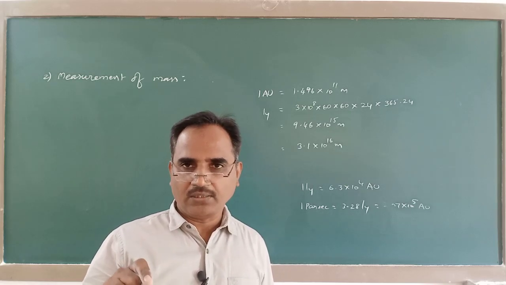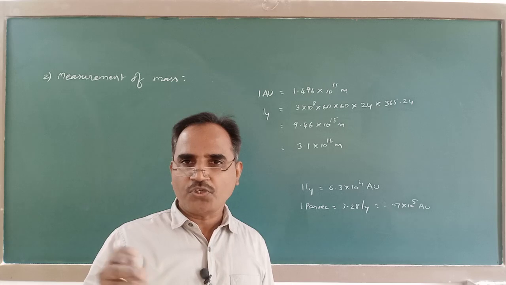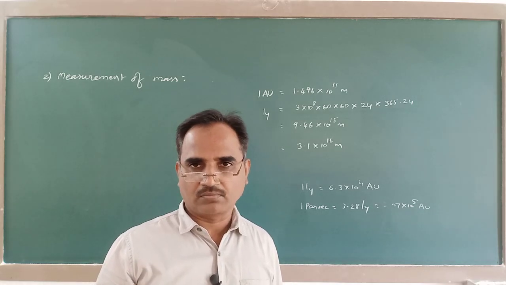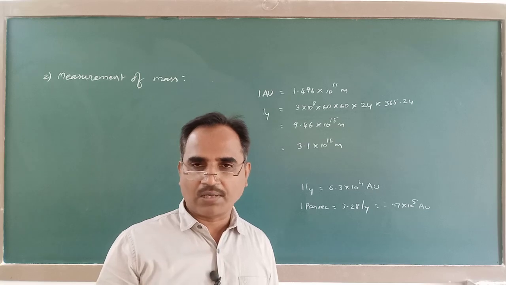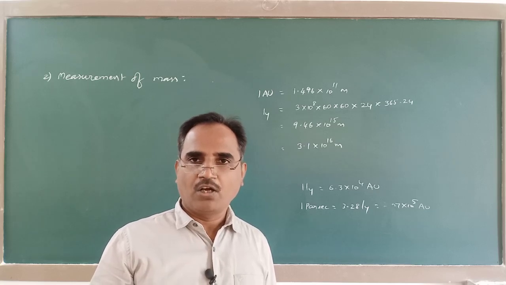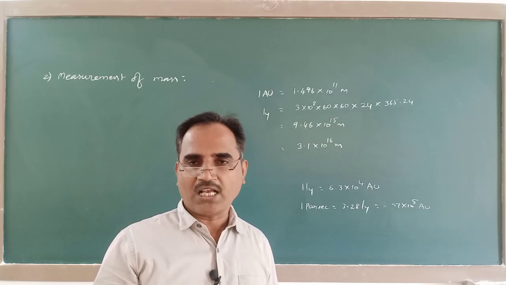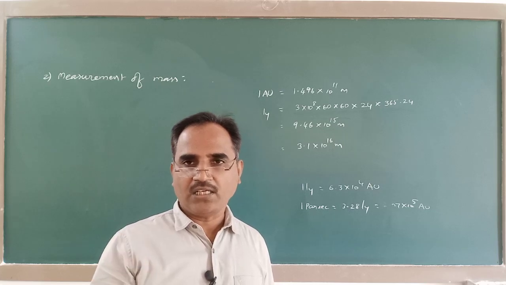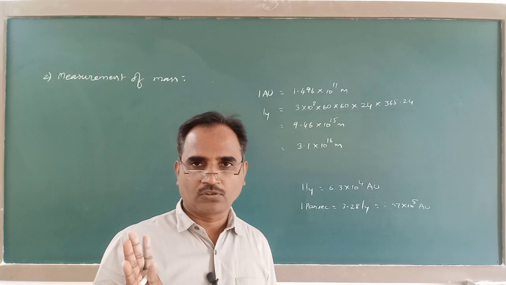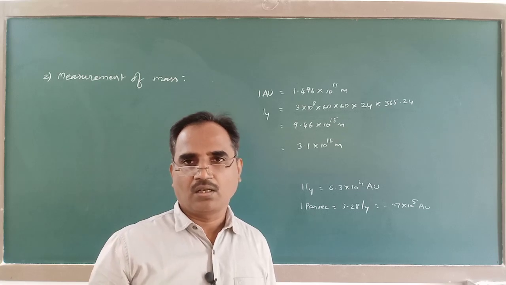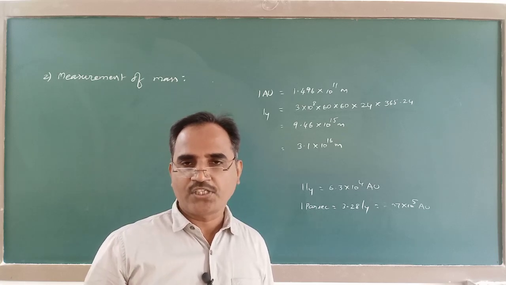SI unit is kg, and by using a conventional balance or digital balance or whatever it may be, we measure mass in kg, gram and milligram. So these are the conventional units in which mass is measured.